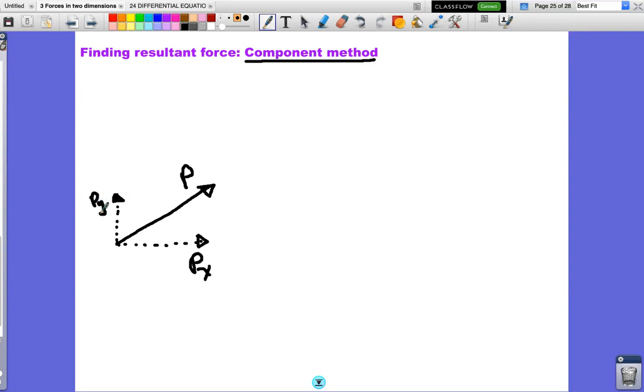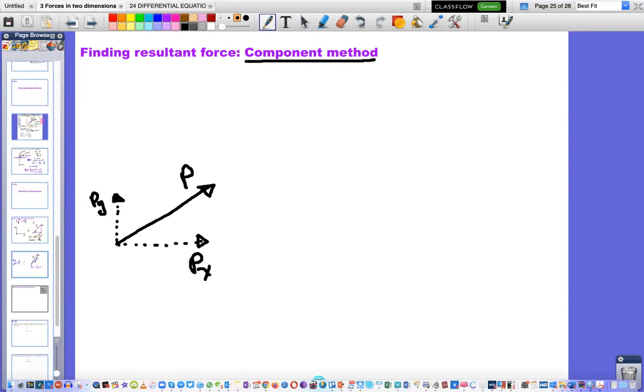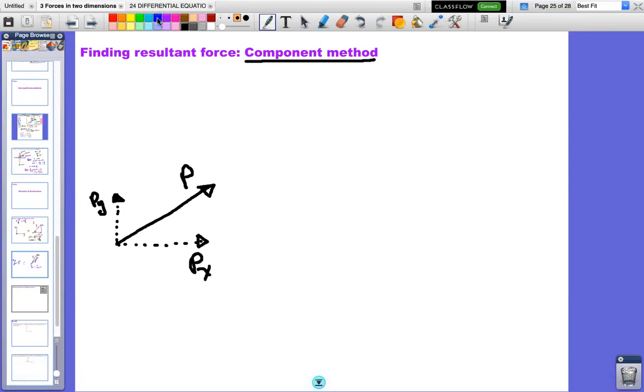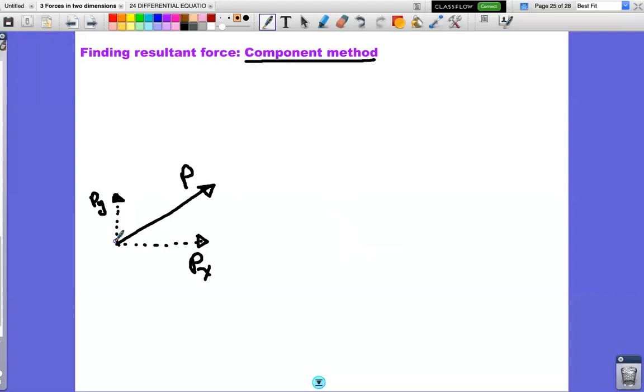We already know how to break the force P into Px and Py. And then let's say we have the force Q.